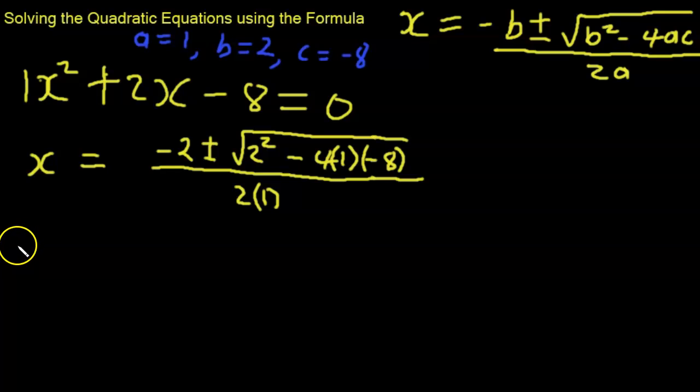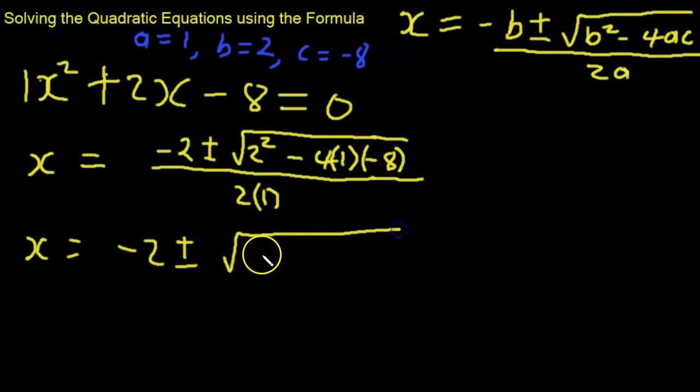So the next thing we need to do is work out what's beneath the square root. So we have negative 2 plus or minus square root. What's 2 squared? 4. And then we're multiplying these values, minus 4 times 1 times minus 8. You'll recall negative times negative gives you positive.